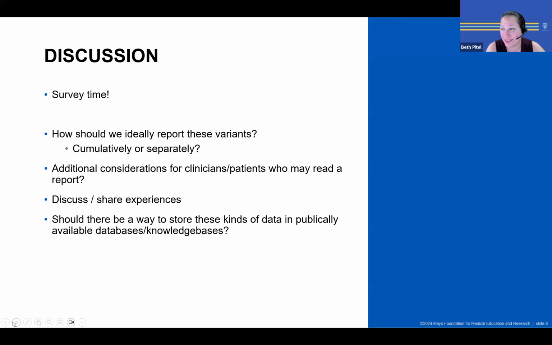Sorry to pick on you, Cheryl, but how would somebody at N of 1 interpret this kind of variant, how would they put the pieces together, or how would your group, following your protocols, look at this?